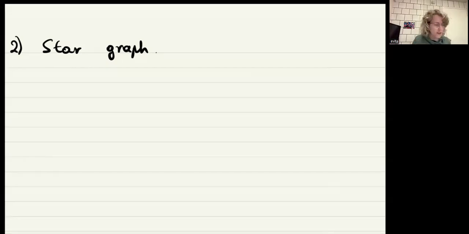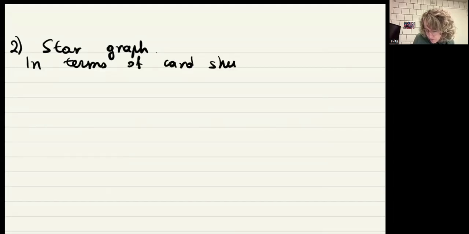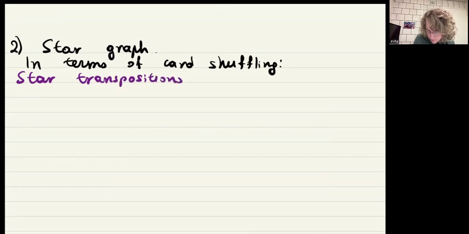In terms of card shuffling, if you do the interchange process on a star graph, we get what is called the star transpositions. The name is really motivated by the star graph. So what do we do according to the star transposition shuffle? We pick one card uniformly at random.